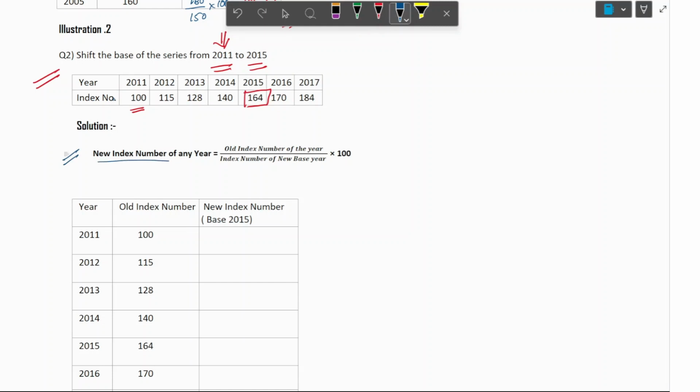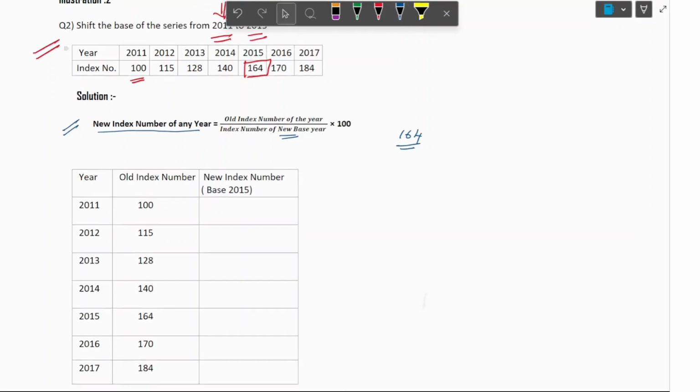New index number of any year equals old index number of the year divided by index number of new base year into 100. That means in the denominator, the value that will come is 164, because 164 is the index number of 2015.